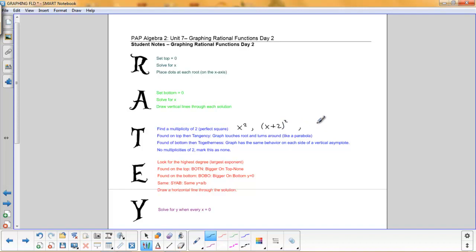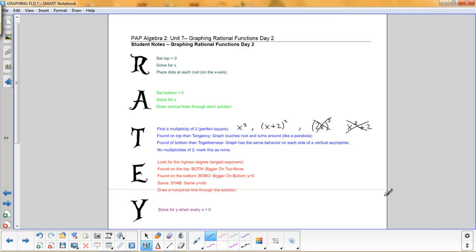Let's look at some bad examples of a multiplicity of 2. 2x to the third is obviously not a multiplicity of 2. That's a multiplicity of 3. And then x squared plus 2 is not a multiplicity of 2 either. Even though you have a perfect square here, you actually have this plus sign with the little 2 tagging along. So we'll go ahead and mark through these to remind ourselves that those are not multiplicities of 2.